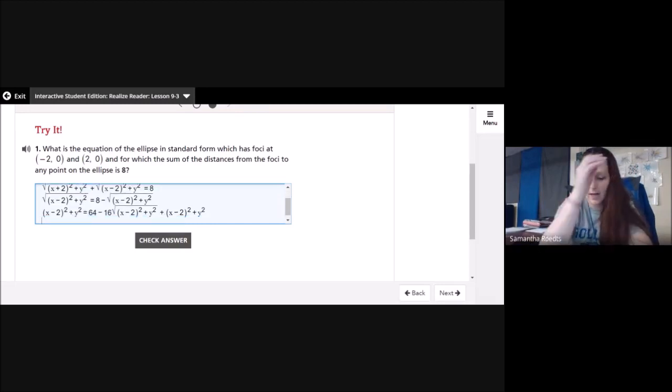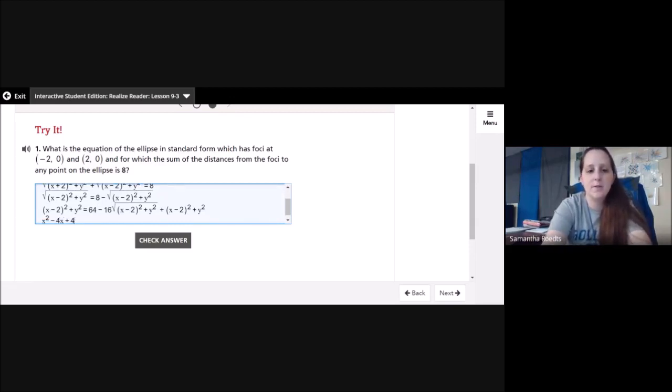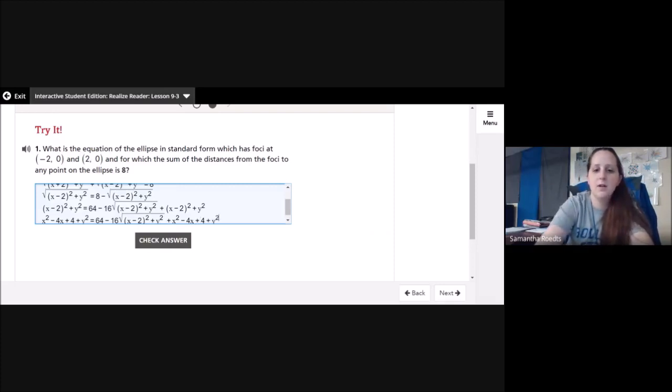Okay, I'm going to expand all the binomials. So I get x squared plus 4x plus 4 plus y squared equals 64 minus 16 times the square root of (x minus 2) squared plus y squared, plus x squared minus 4x plus 4 plus y squared.